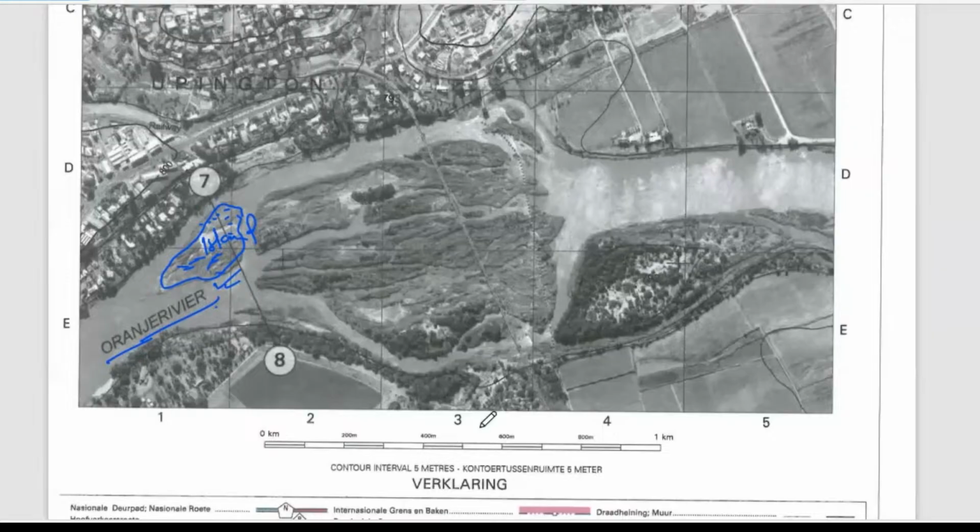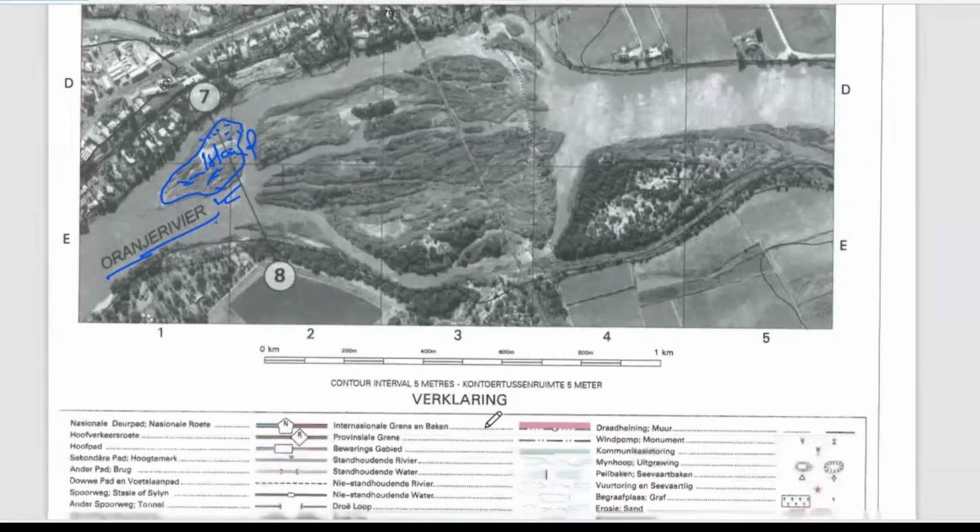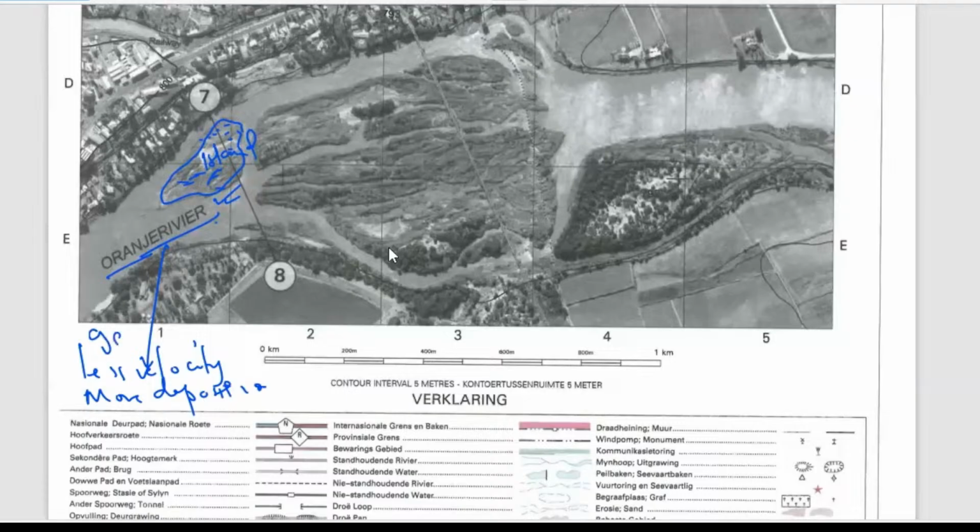Explain with evidence the main reason for the development of the braided stream in question 323A. Why is it that we have braids in that area? The justification for having braids there is less velocity of flow, and because of less velocity, there is more deposition, mainly because of the general gradient.